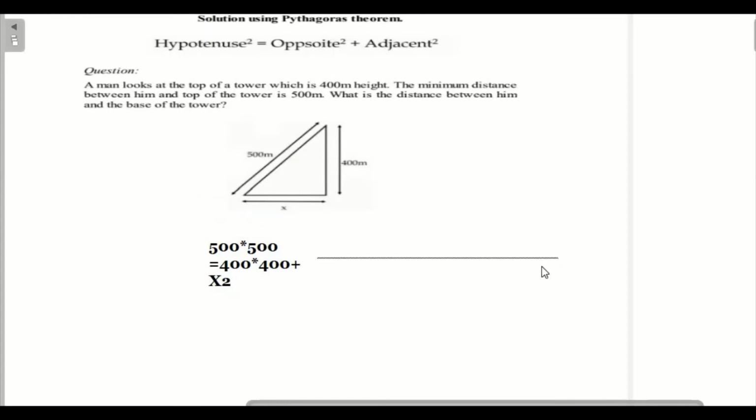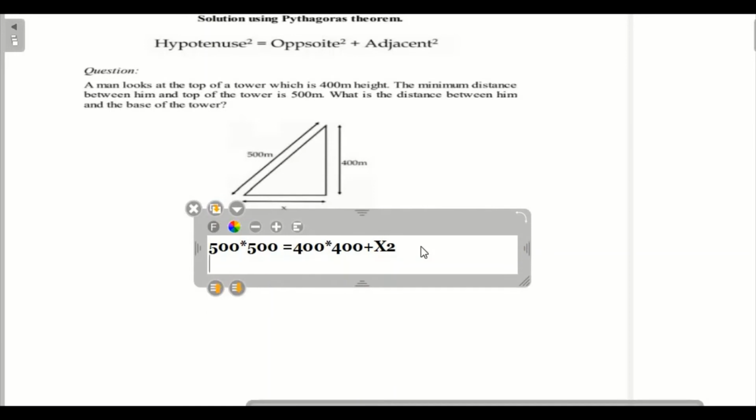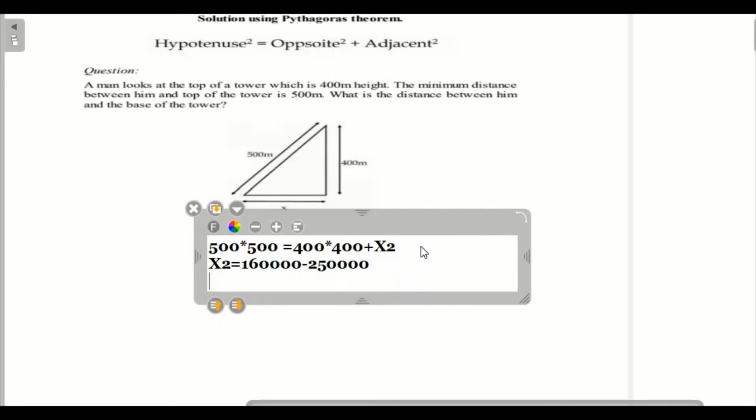So here is the value for x square, that is x square equal to 1600. So 1,60,000 minus 25,000.